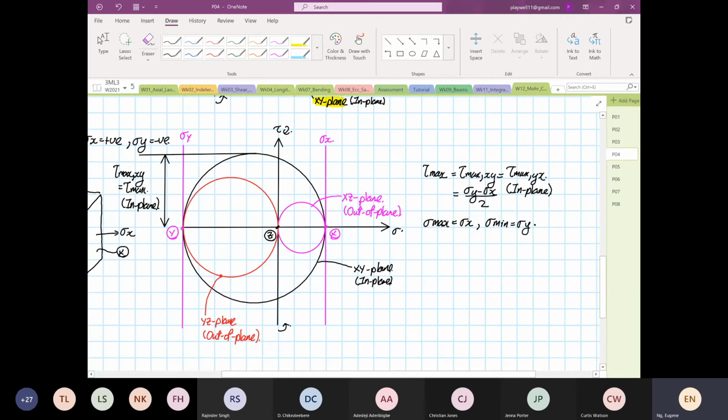So you can have the maximum shear equal to stress max minus stress min, divided by 2. And I made a mistake down here. So this should be stress x.